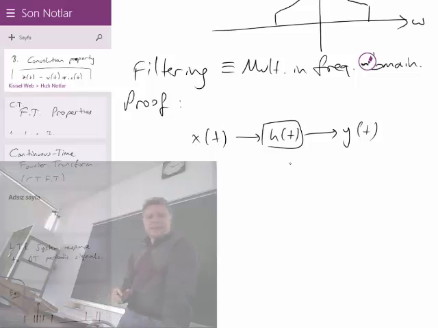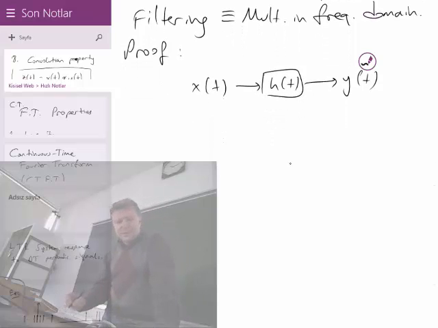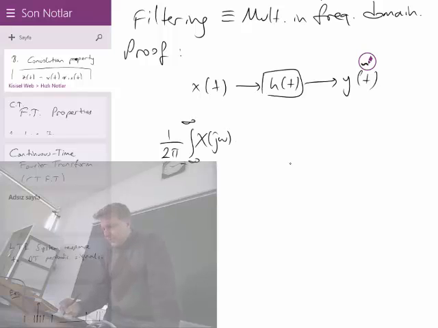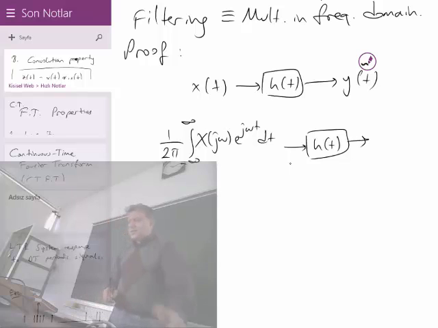We know, right? And now let me write this x of t as the inverse Fourier transform. This is x of t, you see? It goes in. Now what is the output?